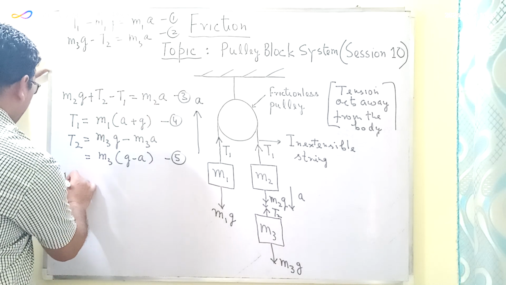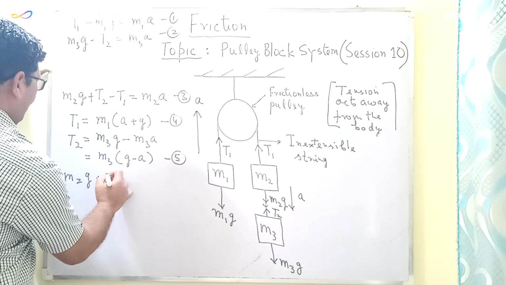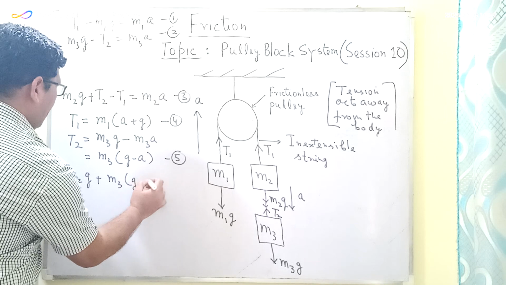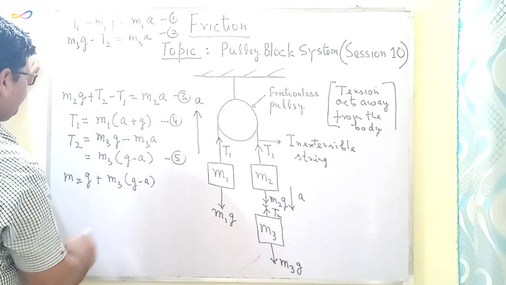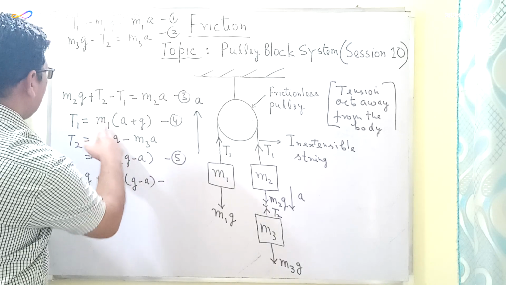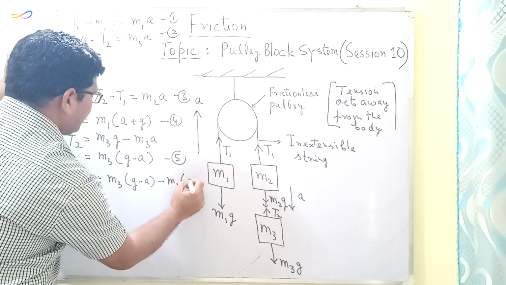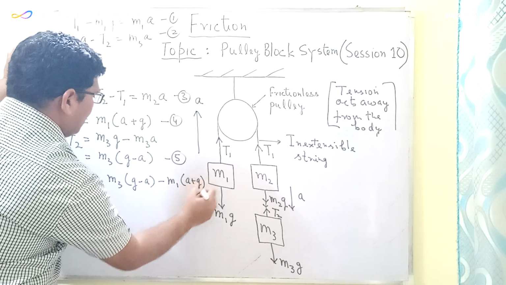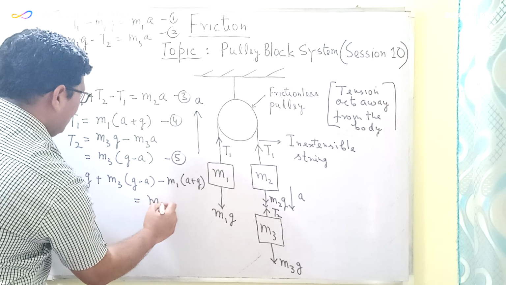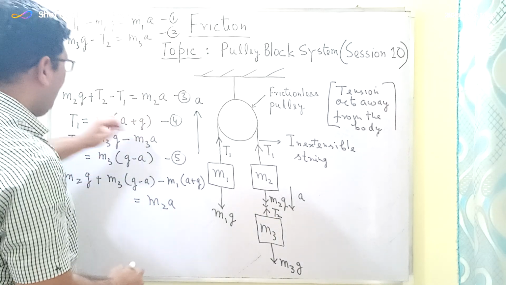So I will be getting m2g. Now T2 is equal to what? m3 (g minus a), and this T1 is minus m1 (a plus g), and this is equal to m2a. Okay, this is equal to m2a.